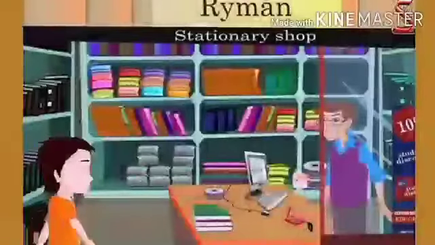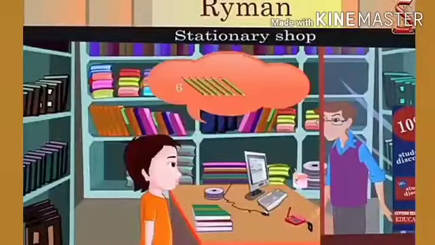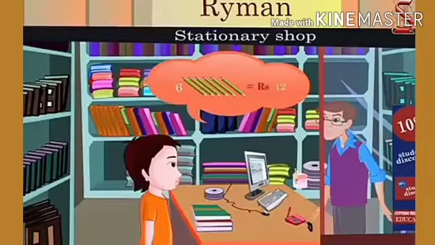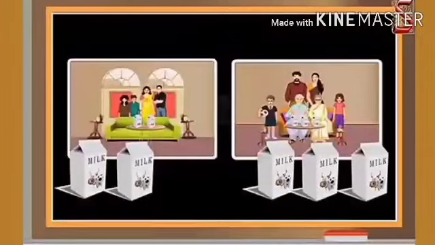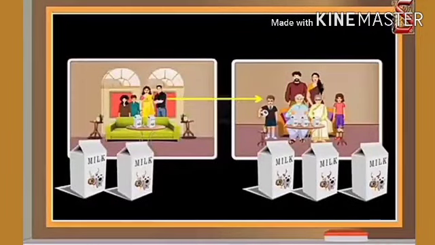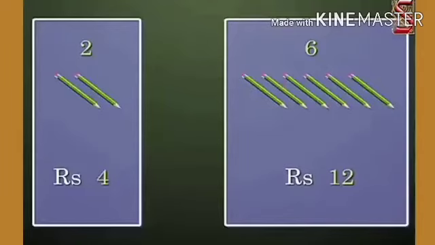Next week, Sunil goes to the stationery shop to buy 6 pencils. The 6 pencils cost him rupees 12. In the first situation, when the number of family members increases, the consumption of milk increases. In the second situation, when the number of pencils bought increases, the total cost of pencils increases.